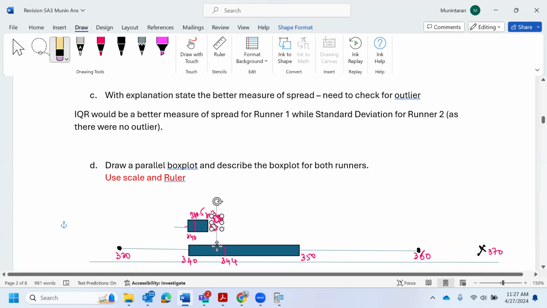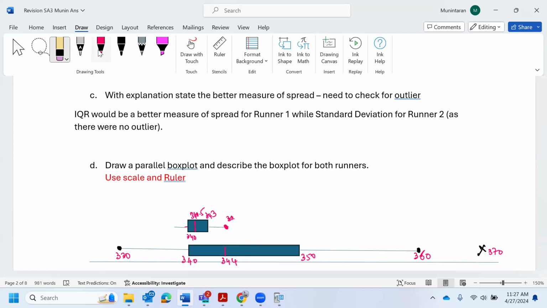It's not listening. Okay, should be about that now. 345, and the minimum is 338. Okay, 338. Something like that. Okay, the N is filled in bubble because that value is inclusive.